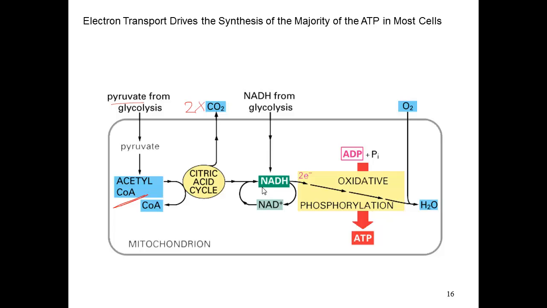In the meantime, as we're doing that, we're making molecules of NADH and FADH2. NADH will introduce its higher energy electrons at the beginning of the electron transport chain. FADH2, which is less energetic, will introduce its electrons further along the way.